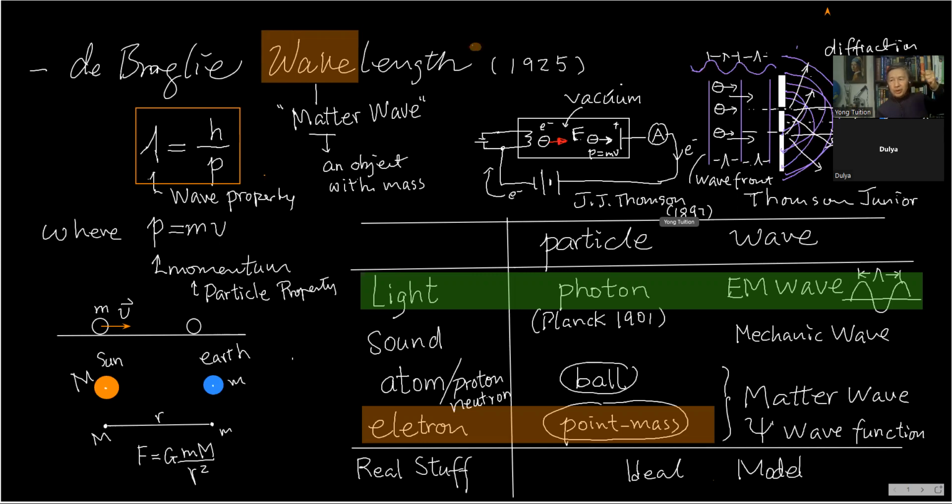When you describe the electron as a wave, forget about the particle property. Otherwise you cannot explain this experiment. You see. So this table tells you everything. Think about the basic idea of methodology in physics. We never use real stuff. We use models all the time, okay?